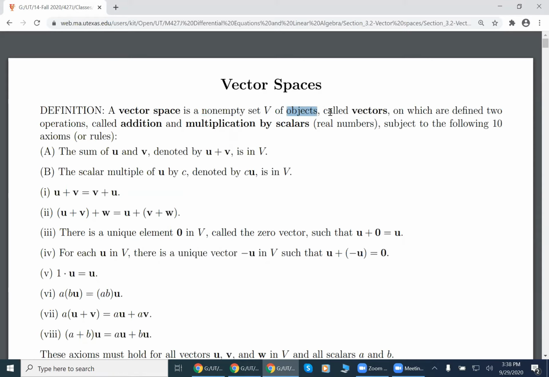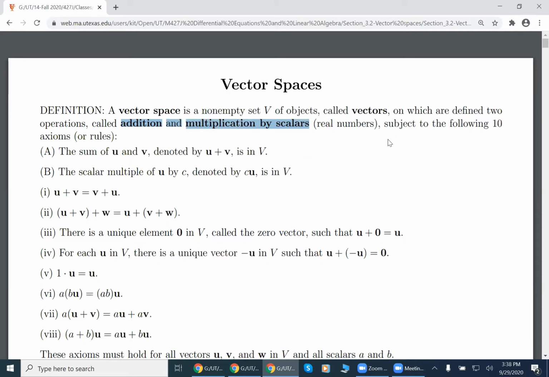We call these objects vectors, on which we define two operations called addition and multiplication by scalars. This non-empty set of objects with two operations is subject to the following 10 axioms.